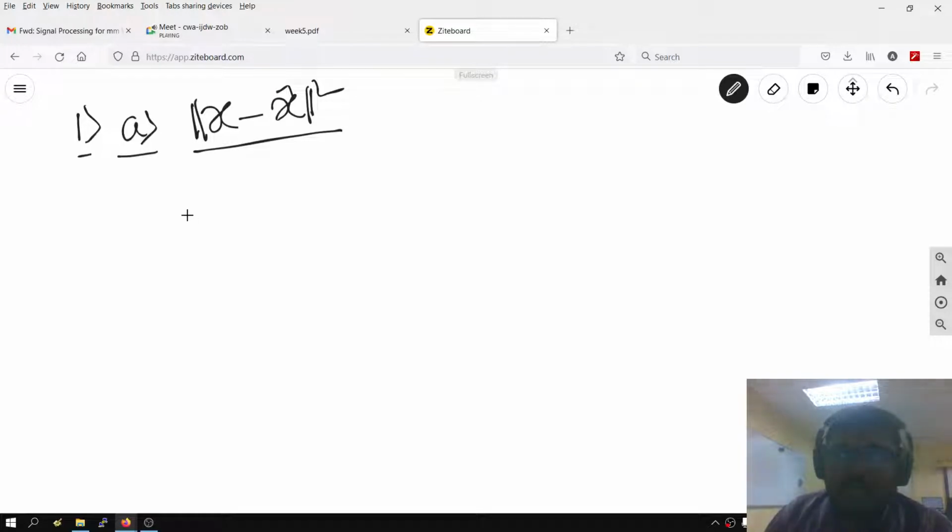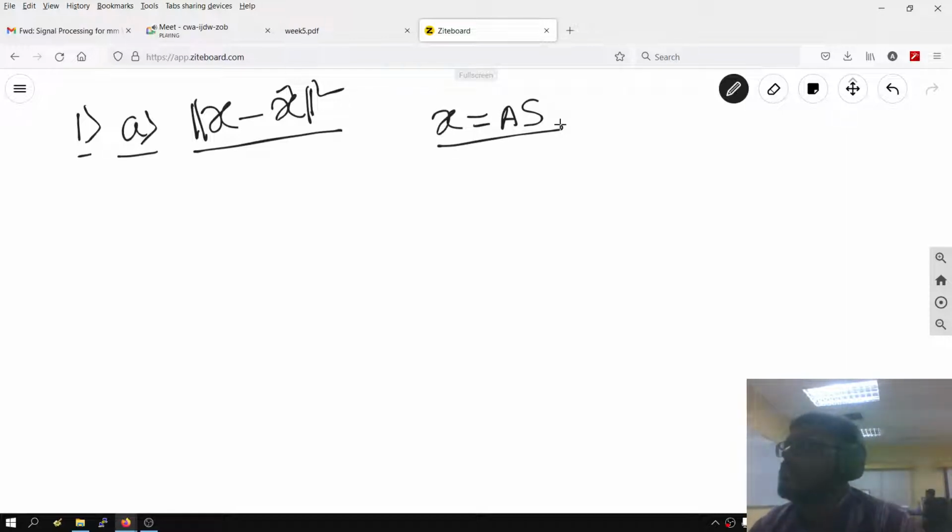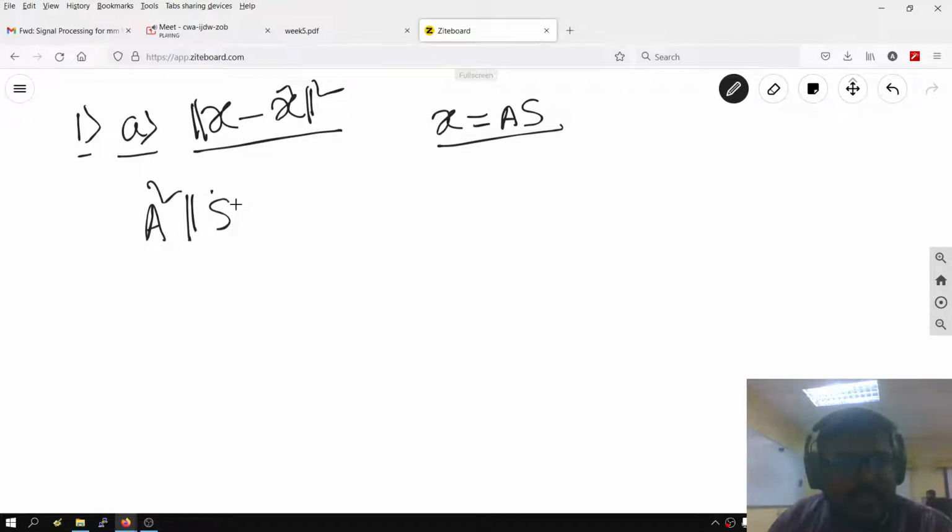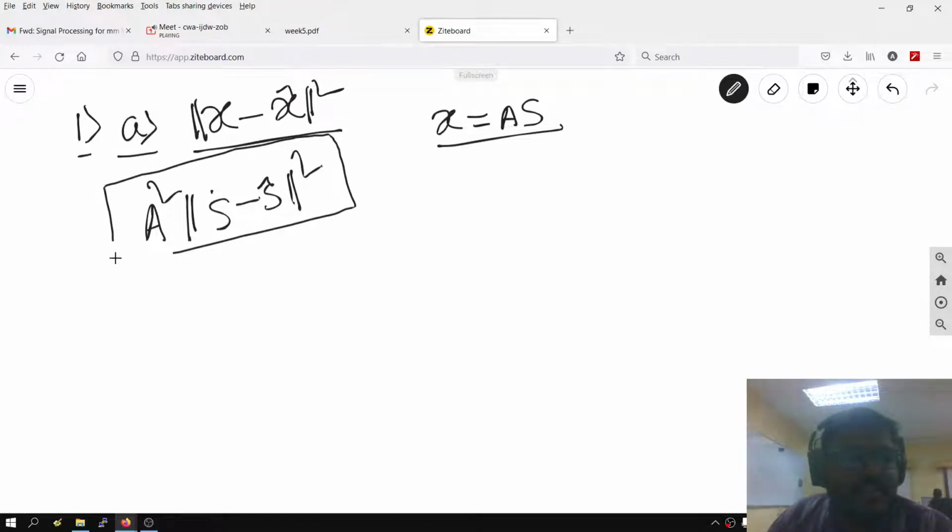How do we represent that in our case? The actual thing is, x is equal to As. So if we think about that, A is the term that goes outside, and we get s minus s cap squared. So this is the way you can detect a signal.